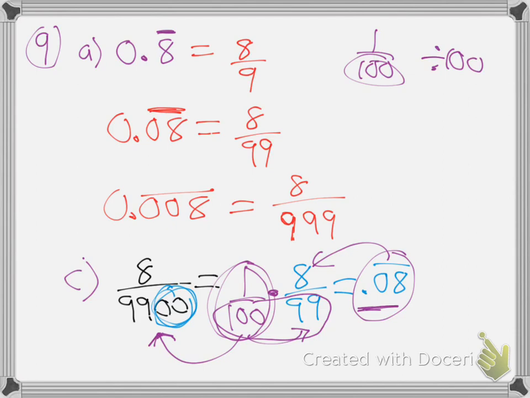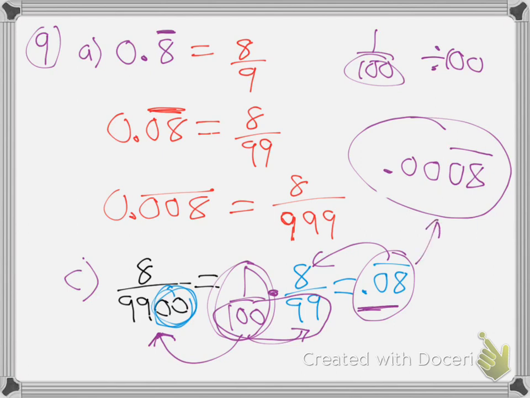If you multiply by 100, two places forward. If you divide by 100, two places back. So it's the 0.08 bar, but the decimal goes two places back. It must be 0.0008 bar. The bar's still on that other 8. There's our answer. I wrote it kind of funny, spaced out, which you don't want to do. There's the answer.